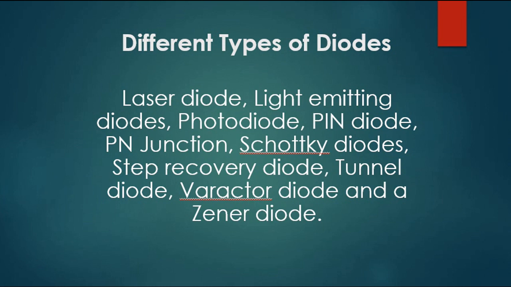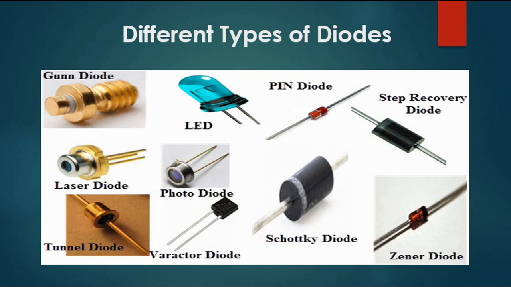So you can see the different types of diodes and how they look. All these diodes, we are going to discuss each of them in detail, one after the other. The one that we are going to discuss today is the Gunn diode. There are other ones as well which I may not be able to put here.